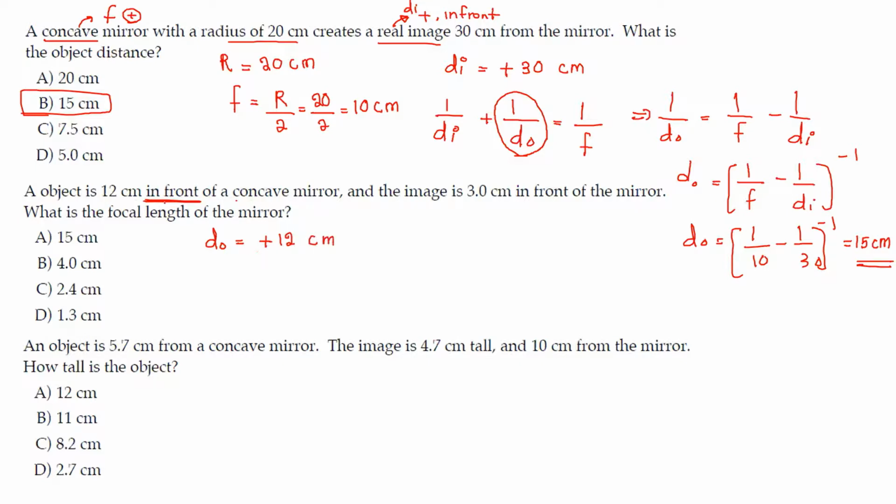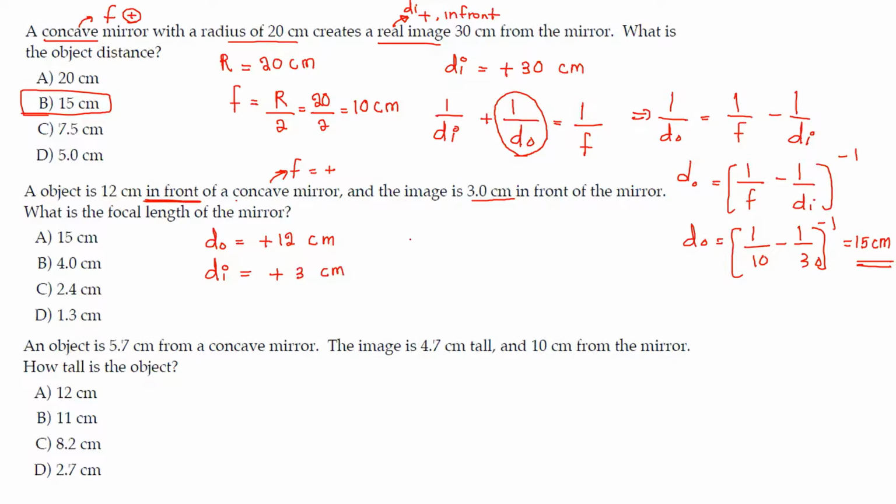So even if they do not tell this, we know usually you have to stand in front of the mirror to see something. Okay. So concave mirror, F is positive, and the image is 3 centimeters in front of the mirror. So the image is also in front of the mirror, so it is also positive, it is 3 centimeters.